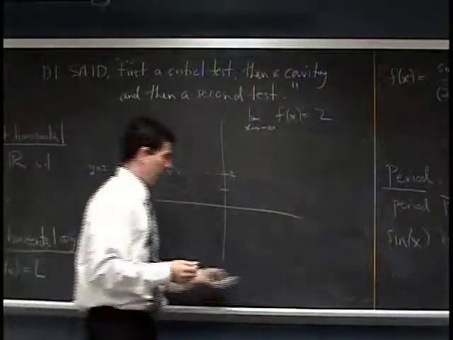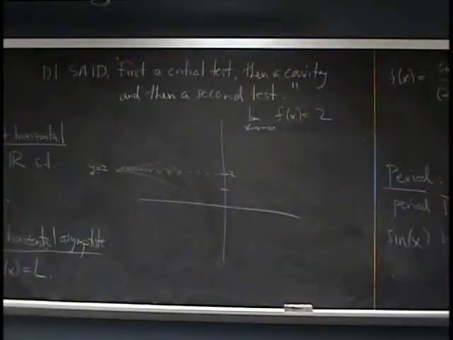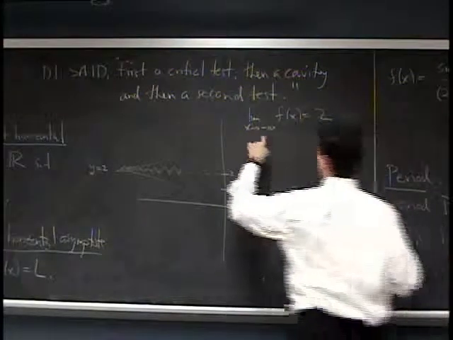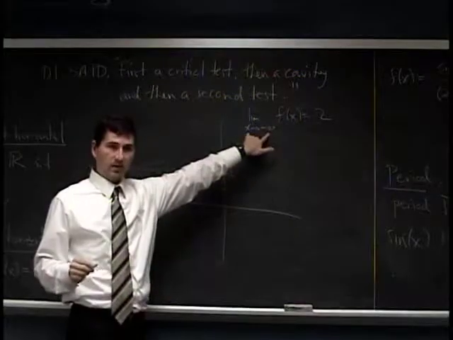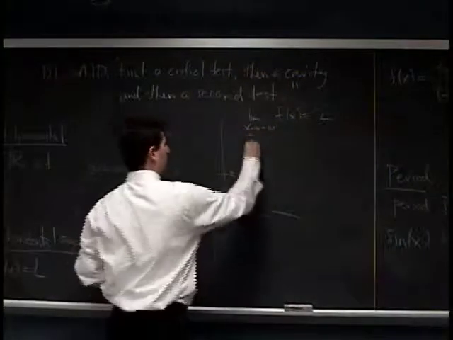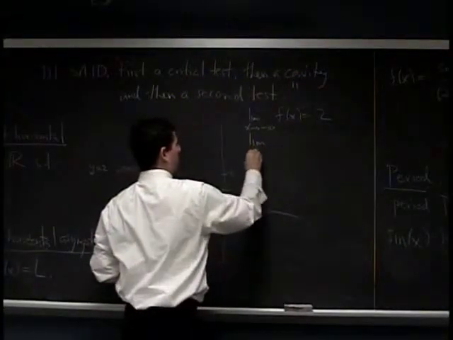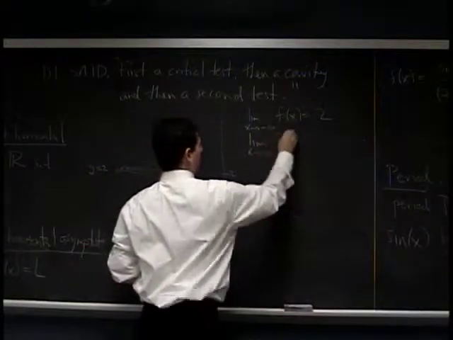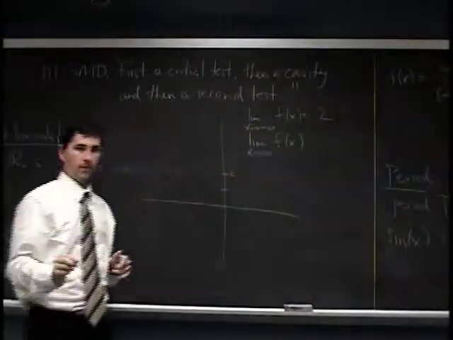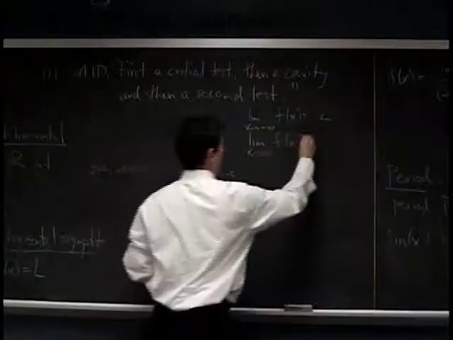So if you want to find the horizontal asymptotes for a function, all you need to do is compute the limit as x goes to minus infinity, and then the limit as x goes to positive infinity. Let's say this one is 1.